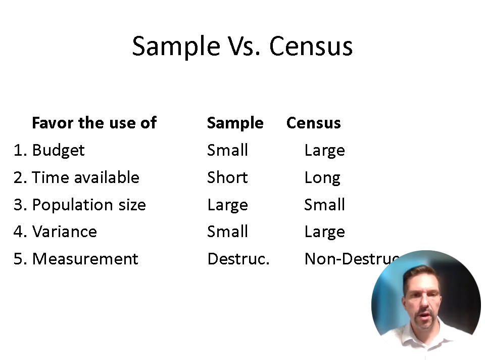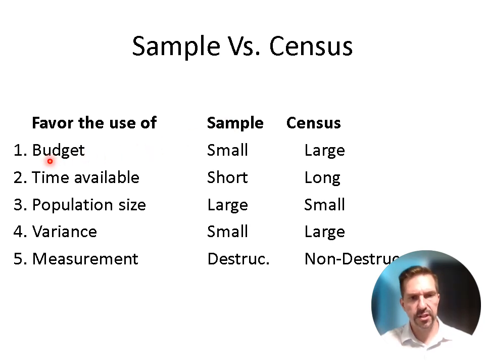So given that we're considering both a sample and a census, let me walk you through the advantages and disadvantages of both. In other words, when should you lean towards using a sample versus a census? Like we were discussing before, the most obvious answer is a census is probably going to be more time consuming and costly.